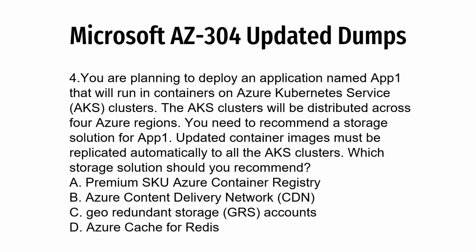4. You are planning to deploy an application named App1 that will run in containers on Azure Kubernetes Service (AKS) clusters. The AKS clusters will be distributed across 4 Azure regions. You need to recommend a storage solution for App1. Updated container images must be replicated automatically to all the AKS clusters.